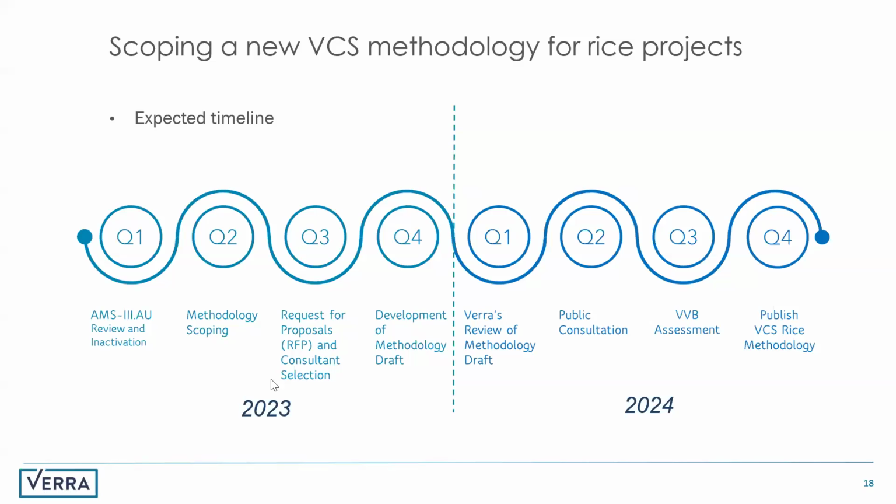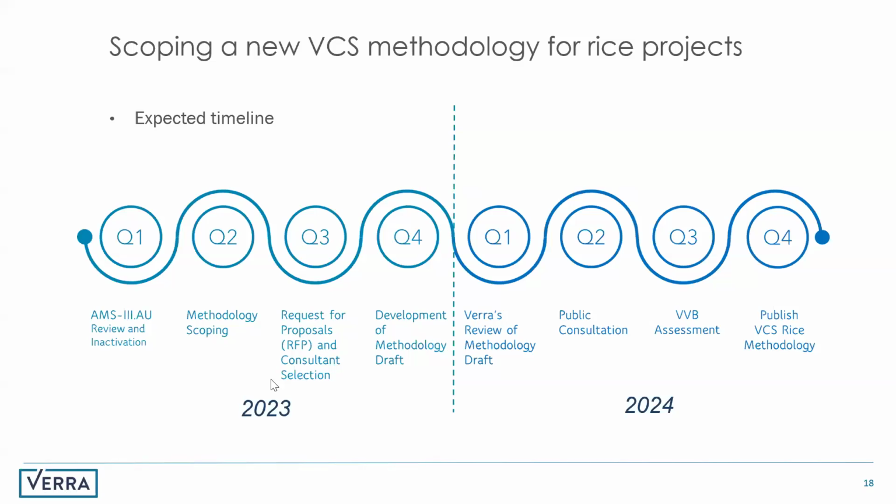So moving forward, we are now in Q1 2024. We have started the draft. We are in the concept note phase. That will be followed by the public consultation, which we expect to start in Q2 of this year. And then after that, we will have the VVB assessment planned for Q3.